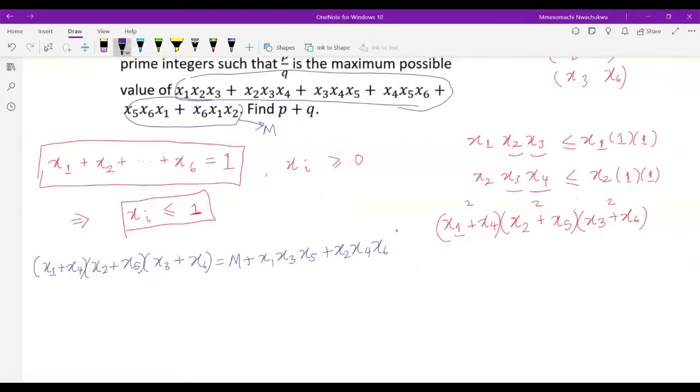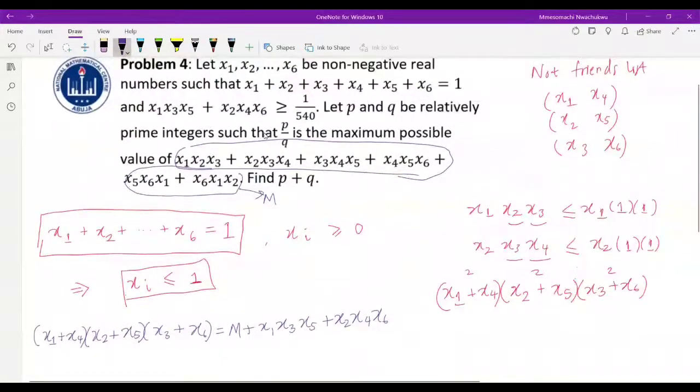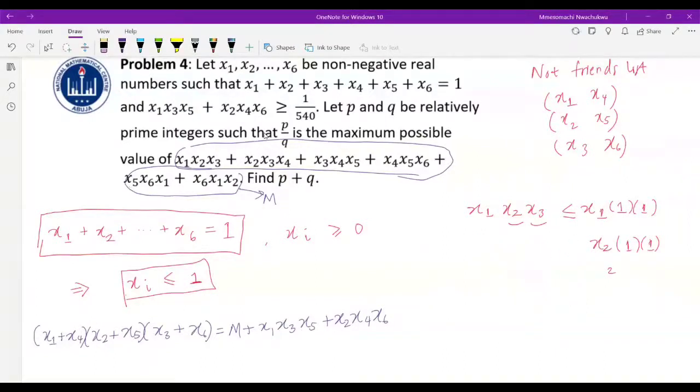So what are some of the things we can do? Definitely we'll want to scroll back up and see what we can do. We haven't applied the fact that x1 plus x2 plus x3 plus x4 plus x5 plus x6 equals 1 yet, so we need to find a way to apply that.